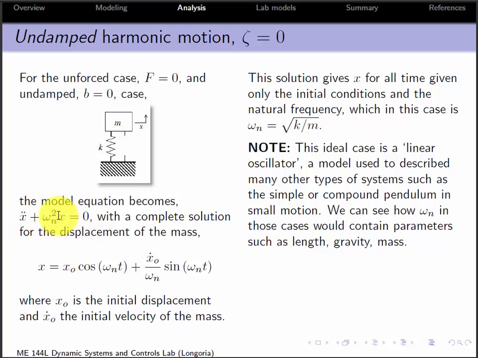Define the natural frequency, and I'll show you some examples shortly, and then you know a lot. It's very rare to have no damping, but you could have very, very small damping, and you need to verify that your zeta is very close to 0, and then you can simply apply this equation.